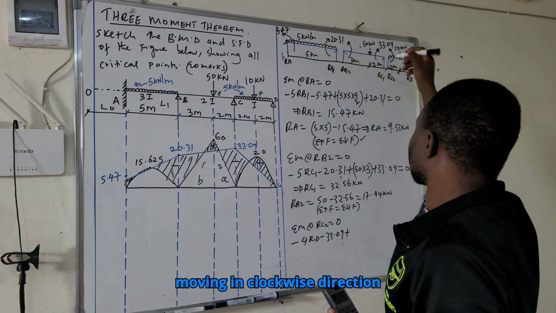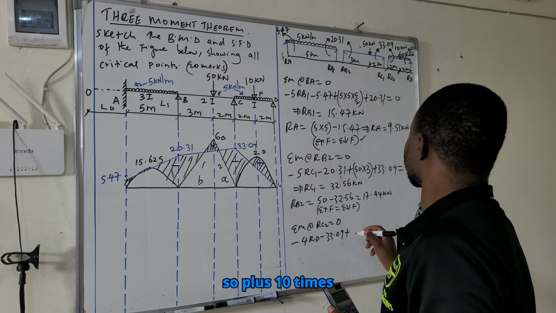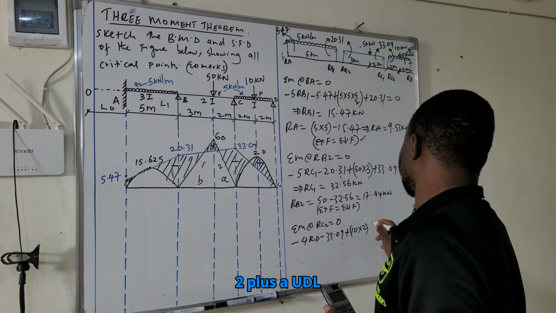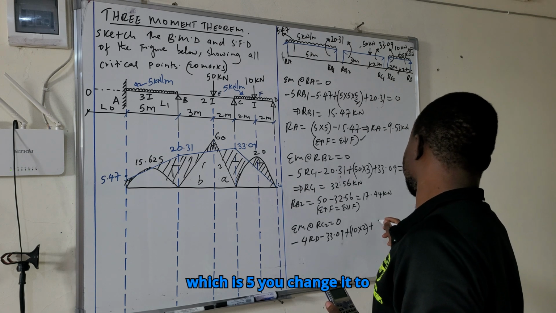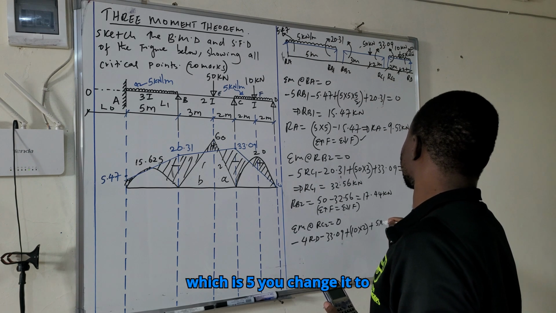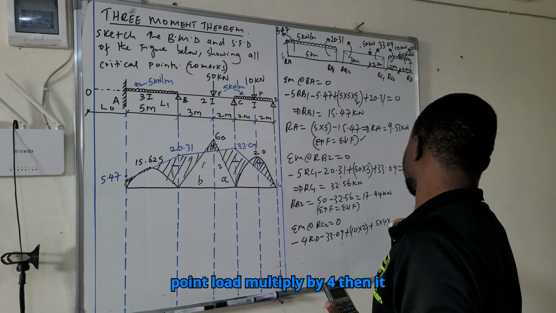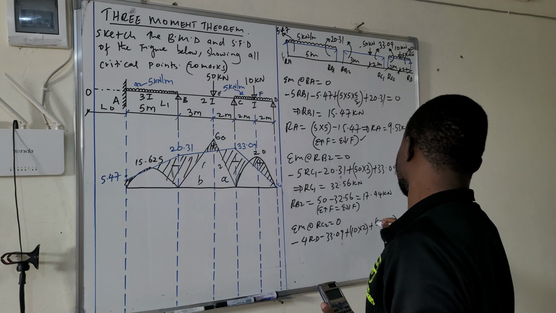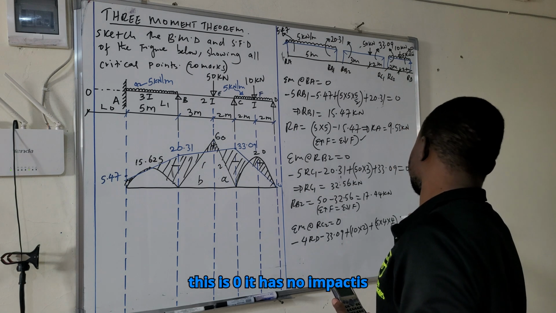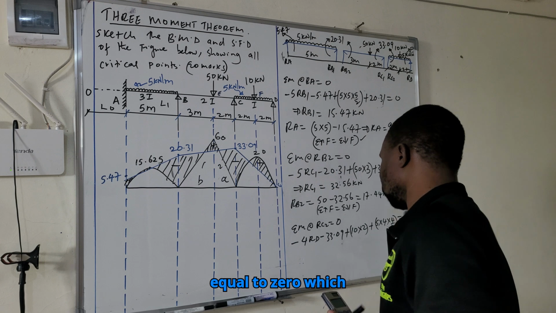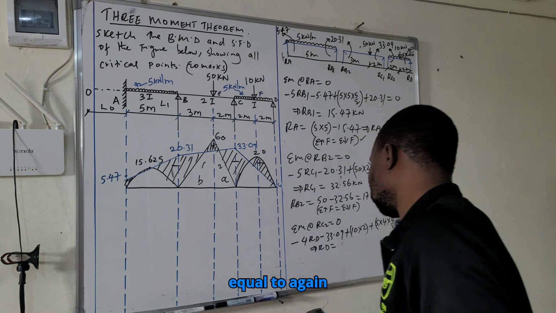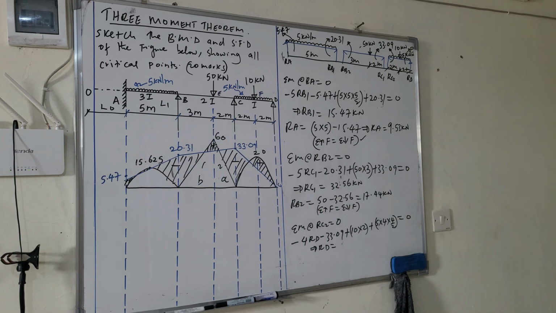The 10 is moving in clockwise direction, so plus 10 times 2 plus a UDL, which is 5. You change it to a point load, multiply by 4, then it acts at the center, times 4 over 2. This is 0, it has no impact, equal to 0, which implies RD is equal to, again, you carry out the operation to get RD.